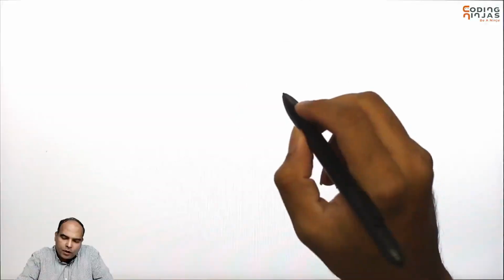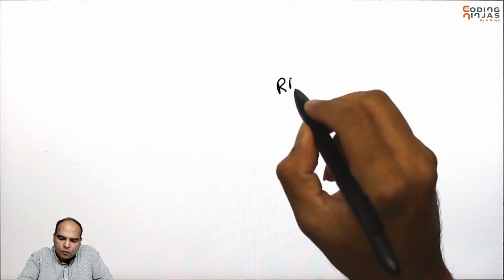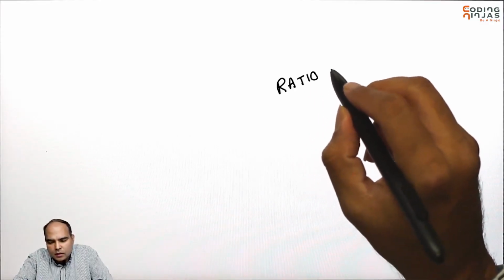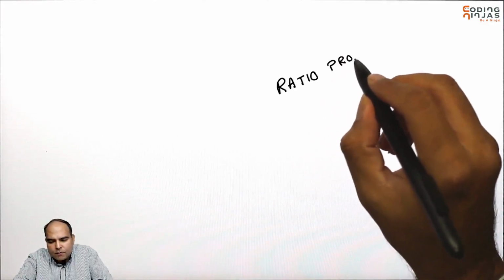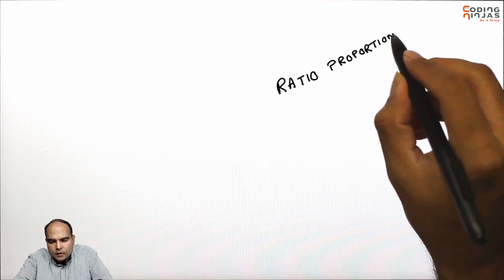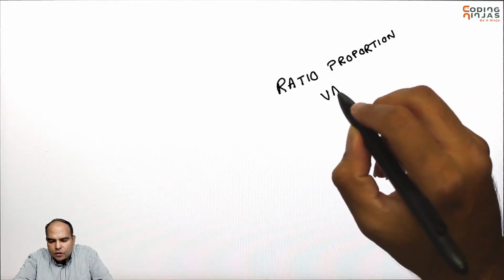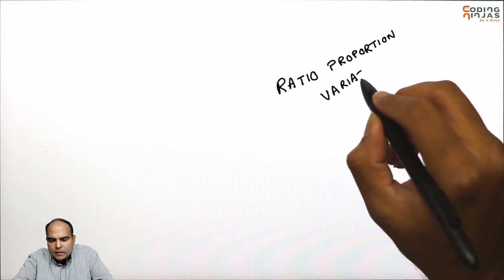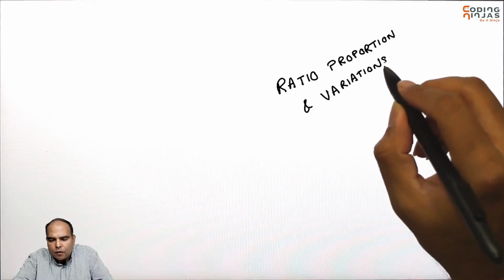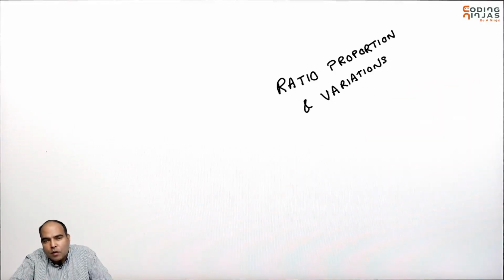In this lesson we are looking at ratios, a new chapter actually. Ratio, proportion and variation is the chapter we are heading to now. And just like percentages, this is again a big chapter for arithmetic because ratio, proportion and variations is the base chapter for your next two chapters, which are time and work and time, speed, distance.